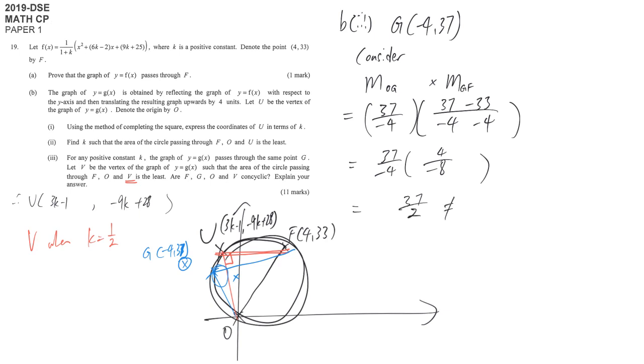So this is obviously not equal to -1. That's why they are not concyclic. Therefore, angle FGO is not equal to 90 degrees. Therefore, the 4 points are not concyclic. We finished the question.